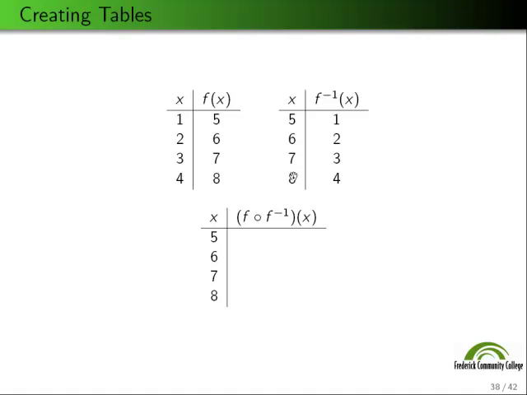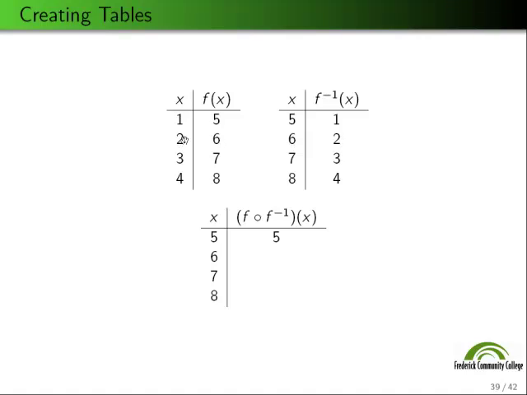So there's my domain. Now if we look, when we plug 5 in here, the first thing we do is f inverse of 5. So f inverse sends 5 to 1. And then we have to do f of 1. And f sends 1 to 5. Thus we have f composed with f inverse of 5 equals 5. What about 6? f inverse sends 6 to 2.